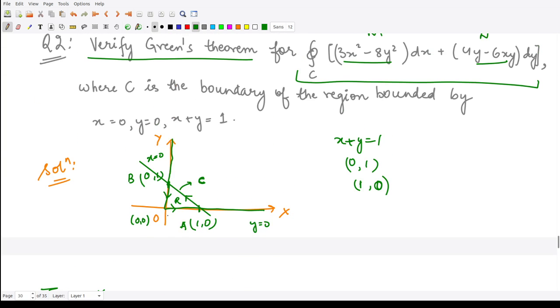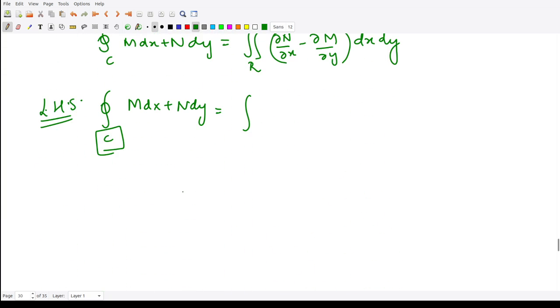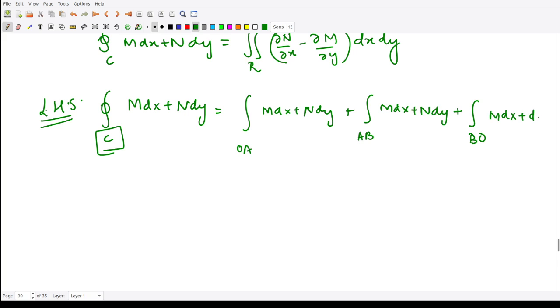Here we have 3 straight lines: from point O to the point A, then from point A to the point B, and then from point B to the point O. So in our case, it is OA plus AB plus BO, right?